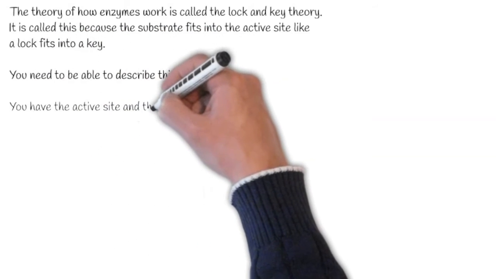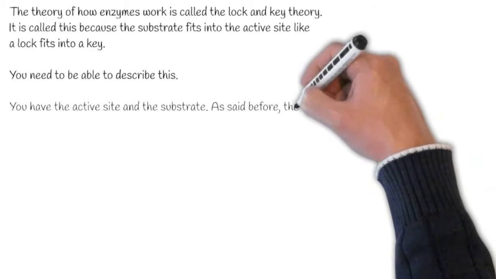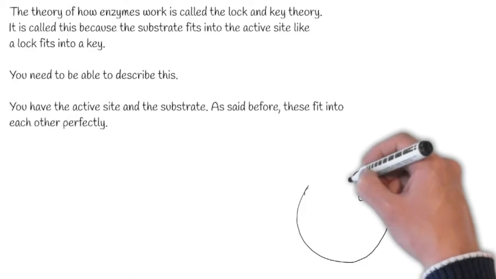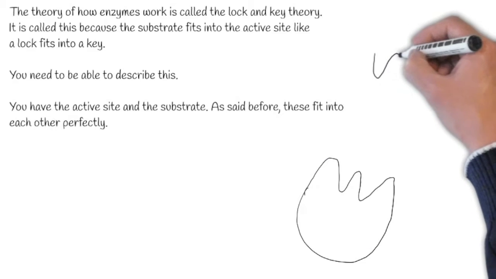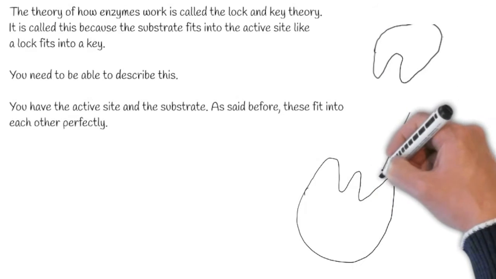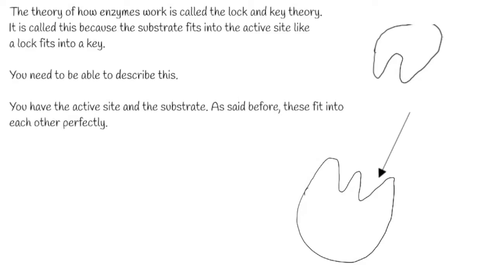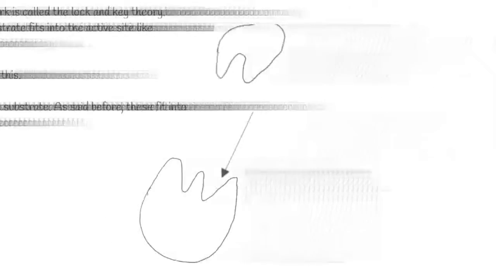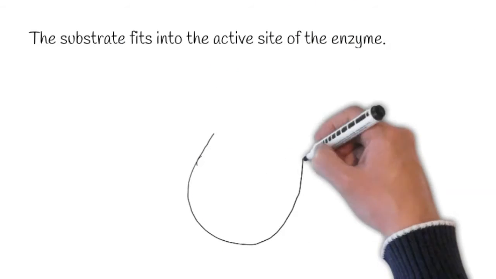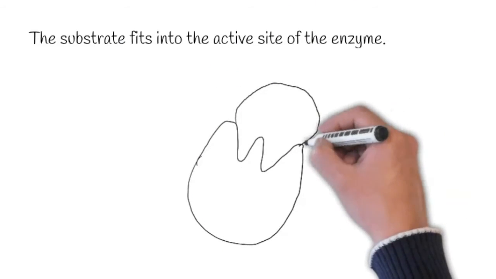You need to be able to describe this. You have the active site and the substrate. As said before, these fit into each other perfectly. The substrate fits into the active site of the enzyme, as you can see here.